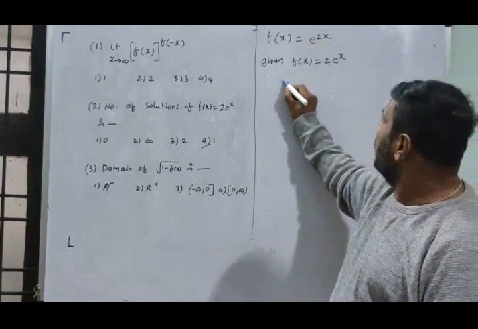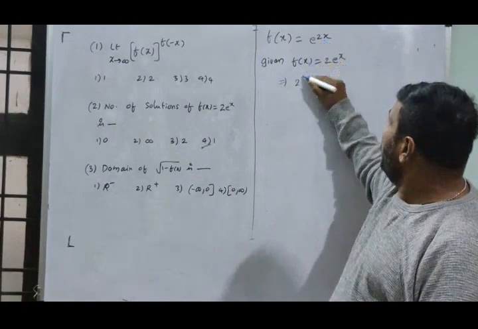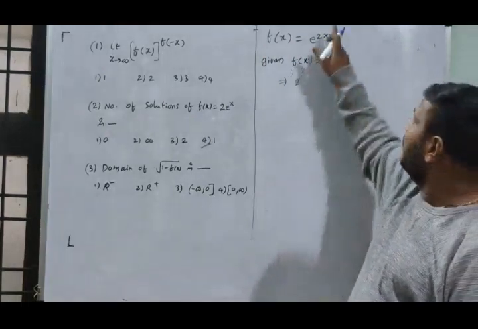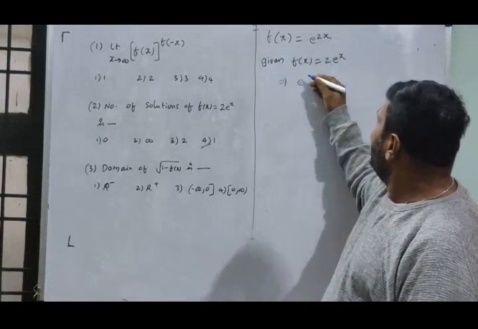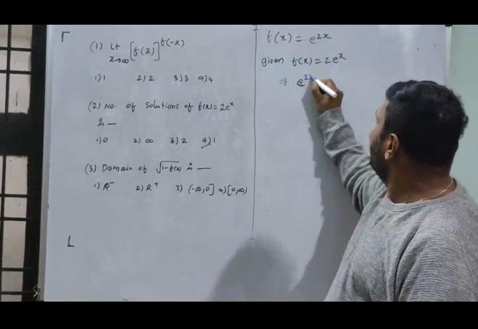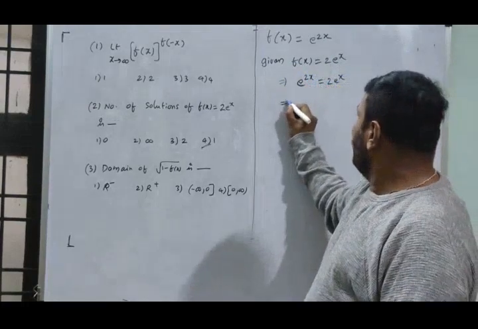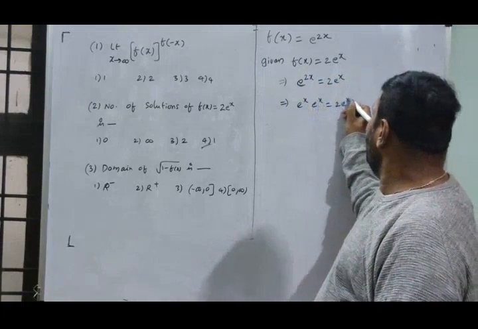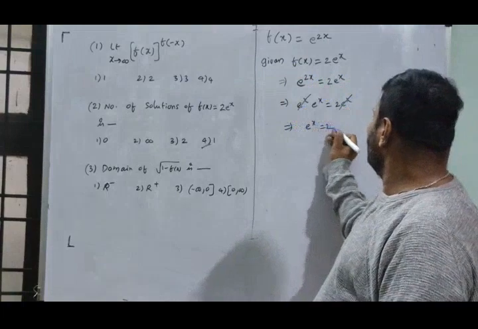Substitute here: 2 into e power x on the right side. Equating these two, you will get e power 2x is equal to 2 into e power x. Now e power 2x is e power x into e power x. The e power x cancels, and you will get e power x is equal to 2.